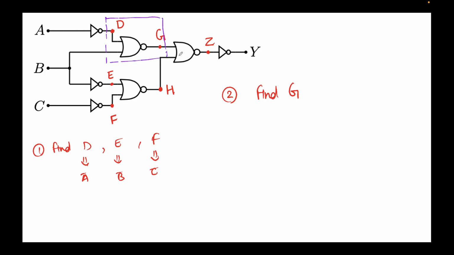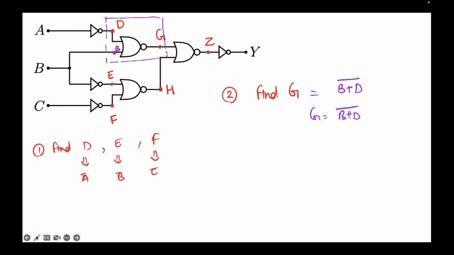You see, this is nothing but a NOR gate, where the inputs are D and B. So G is nothing but the NOR of D and B. So first I'll do OR and then a NOR. So G turns out to be B plus D whole bar. Let's not solve it, let's just proceed further.